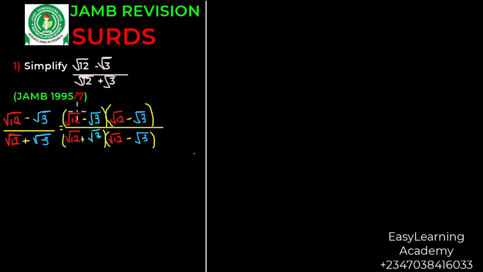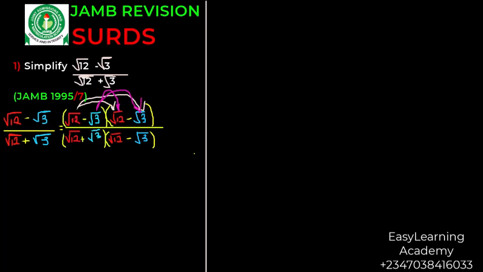The square root of 12 will multiply the square root of 12 first, and then come again to multiply the square root of 3. Then the square root of 3 moves to multiply the square root of 12, and after that the square root of 3 also multiplies the other square root of 3. That's the multiplication we're going to use.